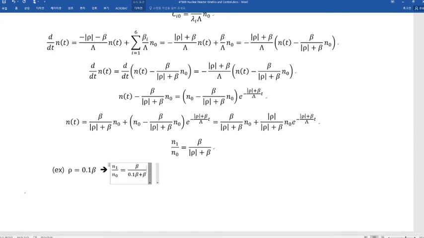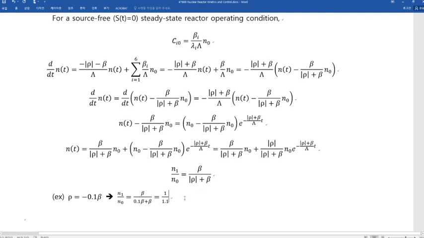That means 1 over 1.1, so that is very close to a 10% decrease when the inserted reactivity is minus 0.1 beta.